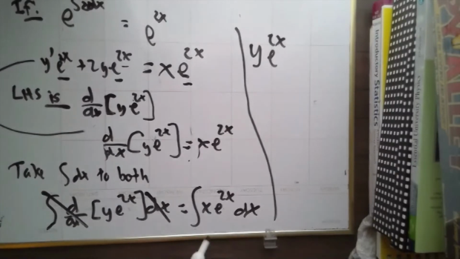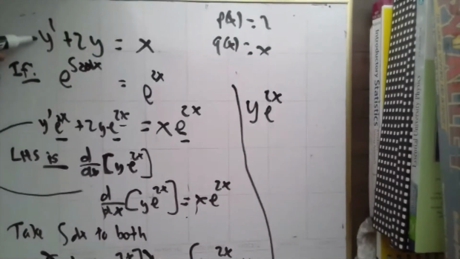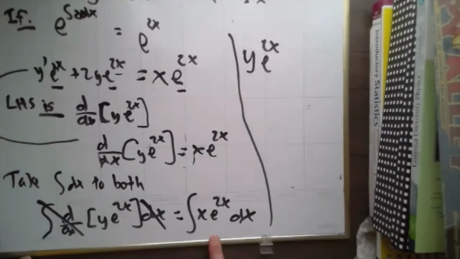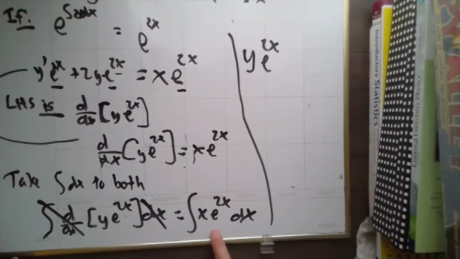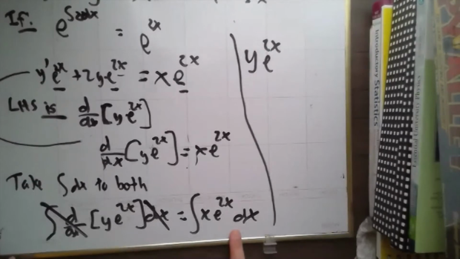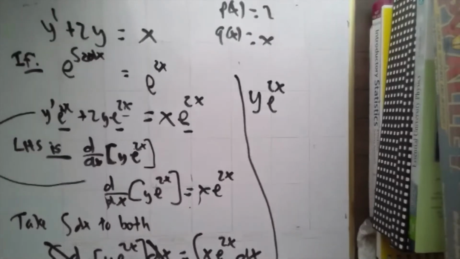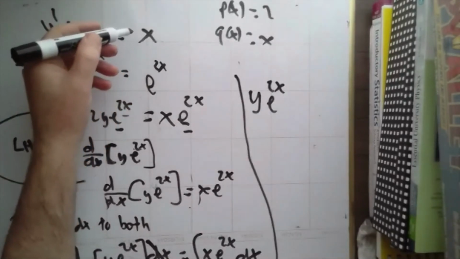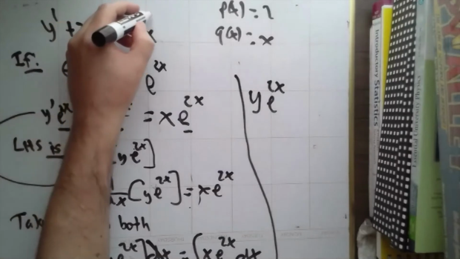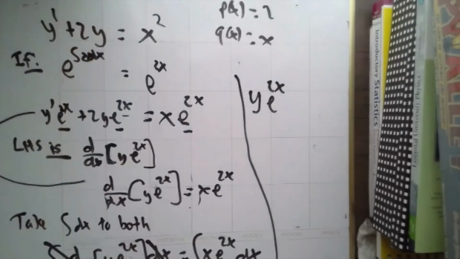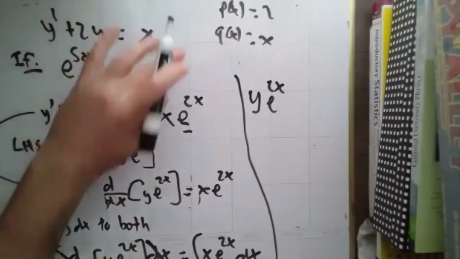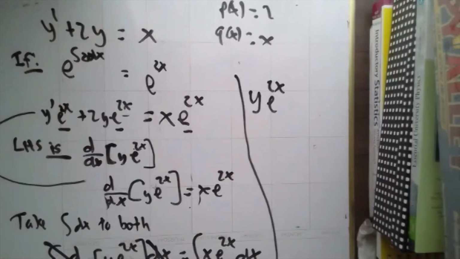So here we're going to have to do a little bit of work. This was a very simple looking DE. It wasn't even that nasty looking. And I'm going to have to do integration by parts just to do this antiderivative. So this is a very powerful method, but if this had been an x squared, I'd have to do integration by parts twice.